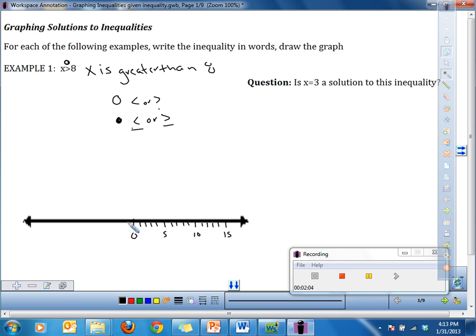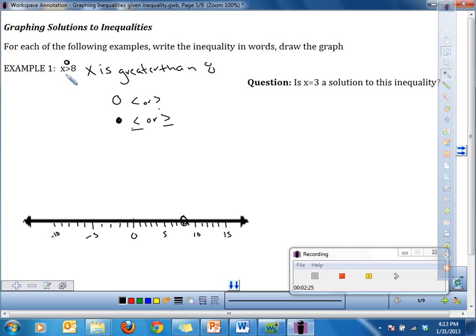And I'm going to do the same going the other way: negative 1, 2, 3, 4, 5, 6, 7, 8, 9, 10. I'm going to go to a positive 8 on my number line, and I'm going to draw an open circle because we're dealing with a greater than symbol. So 6, 7, 8. I'm going to draw an open circle at 8.